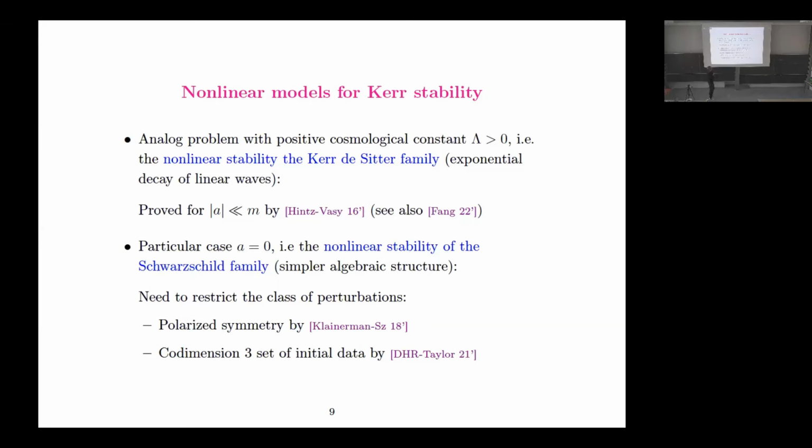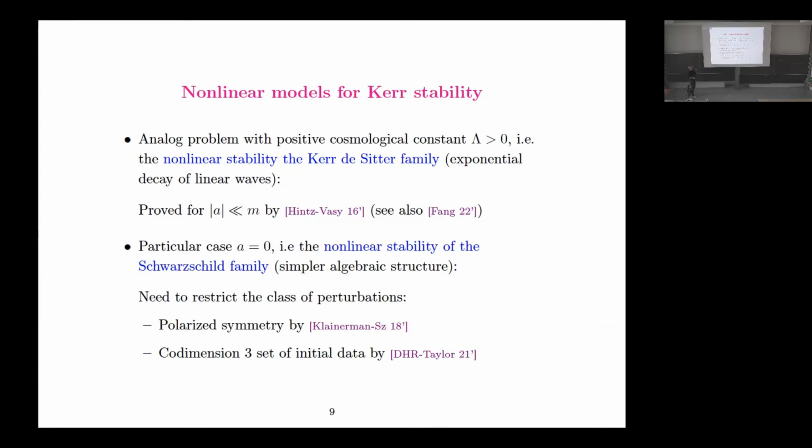In a few more words, what does polarized symmetry mean? First of all, there's the word axial, so you are in axial symmetry, but that's not all. You can start in axial symmetry with angular momentum 0 if you want, but here you use something more. You really use the fact that your Killing vector, d by d phi, is hypersurface orthogonal. Only Schwarzschild has this property. Kerr always has a non-diagonal term involving d phi.